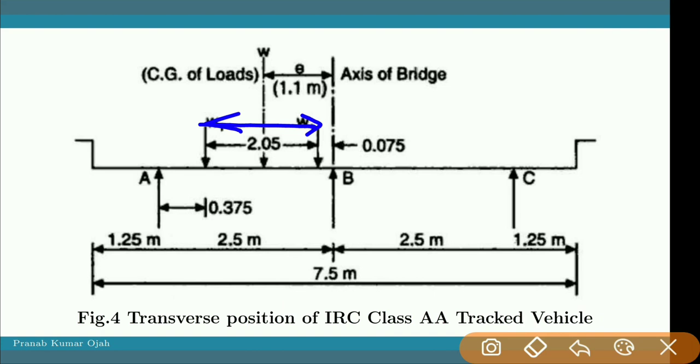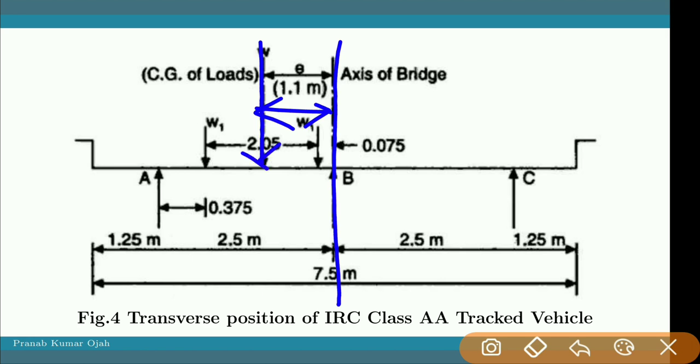Here another dimension you have to understand, that is the eccentricity, E. So what is E? It is the distance between the central axis of the bridge and the CG line of the load system.